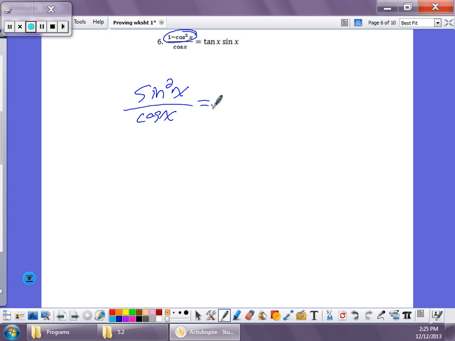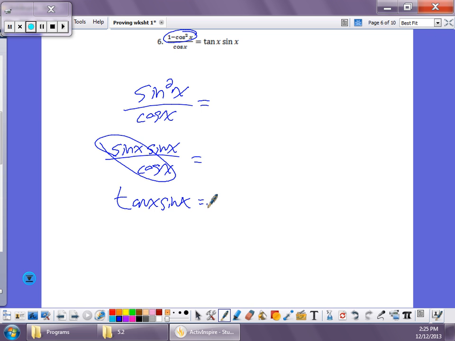And if you remember back to class today when we had sine squared x, it became advantageous for us to split it up into sine x times sine x over cosine x. And once you're here, you can see that sine x over cosine is tangent. So you'd get tan x sine x, which is what we were looking for. So we're good.